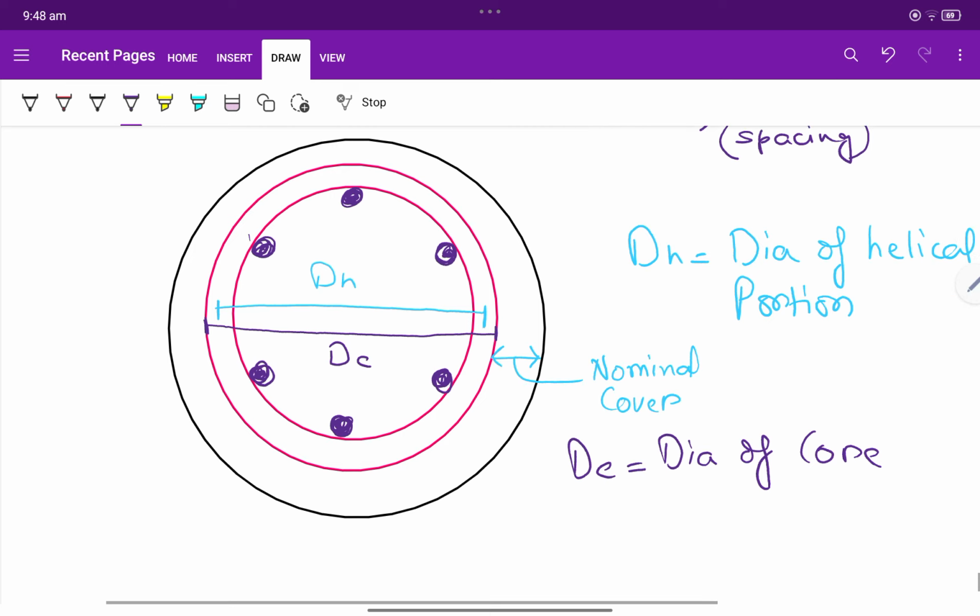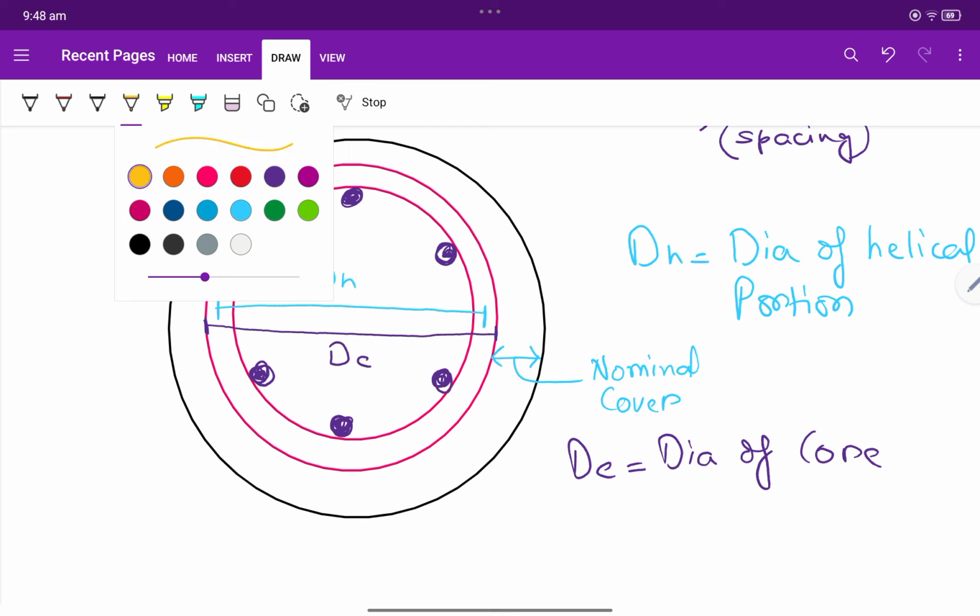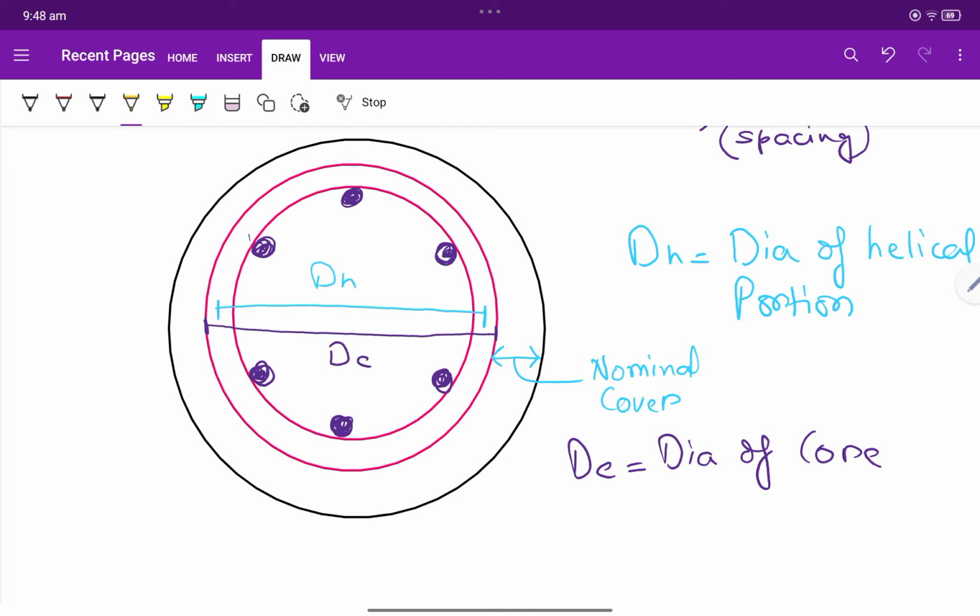The gross dia, that we have previously called dg, will be if we take from this part to this part. This part will be the gross dia, dg.